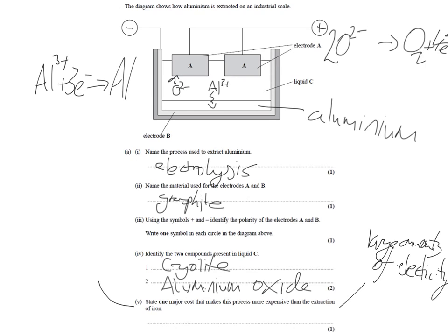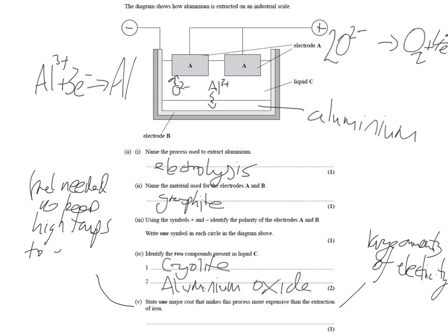Another major cost is actually the high temperatures. Actually, it's probably not the temperature itself, it's the fuel needed to keep high temperatures to ensure the cryolite is molten.